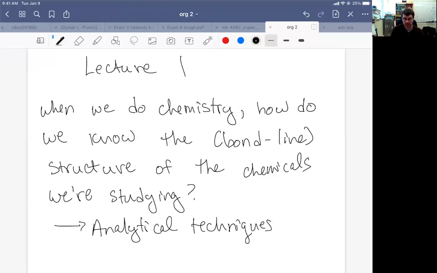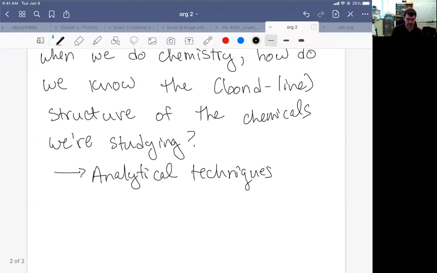While analytical techniques often fall in the realm of analytical chemistry, and you might think of courses like our quant course, typically called the sophomore analytical chemistry course, there are some other major analytical techniques used by organic chemists to determine the structure of a molecule that aren't necessarily taught in those sophomore level courses.